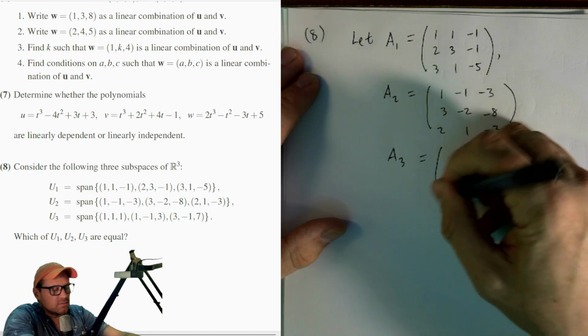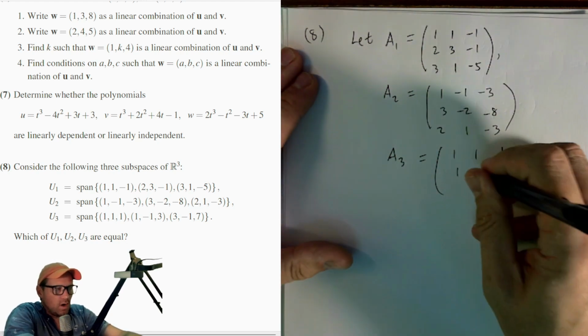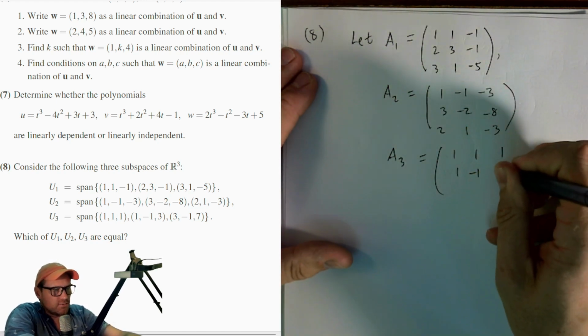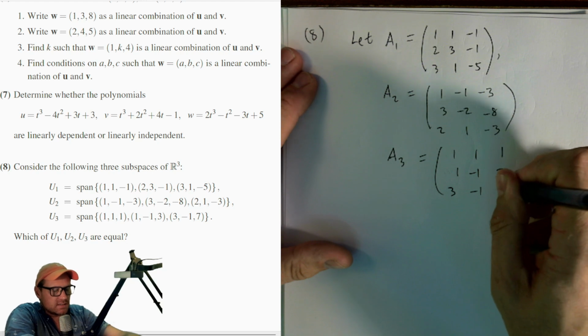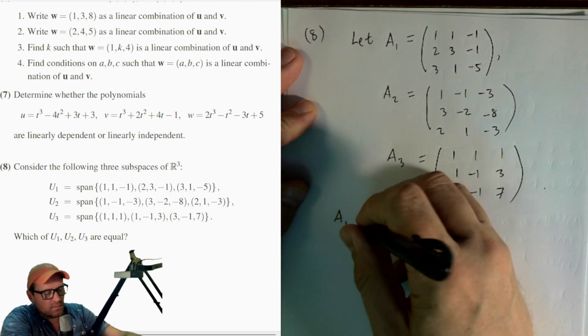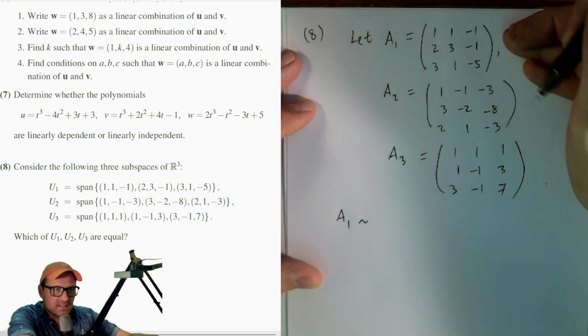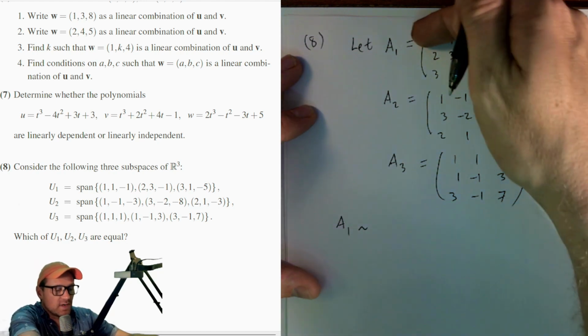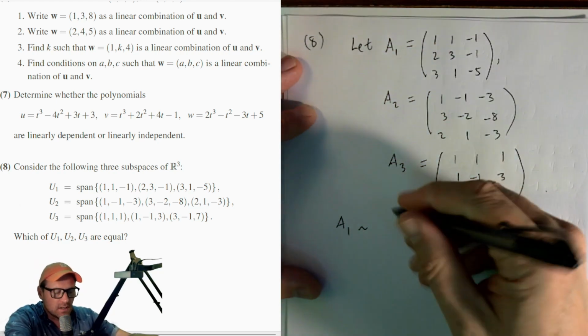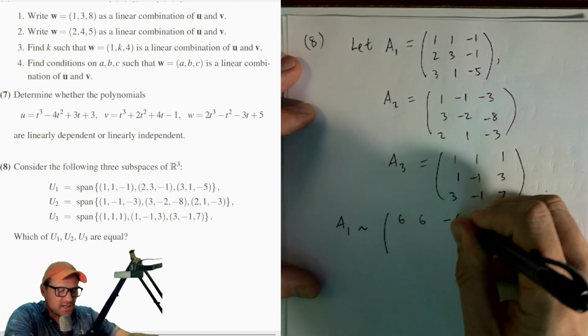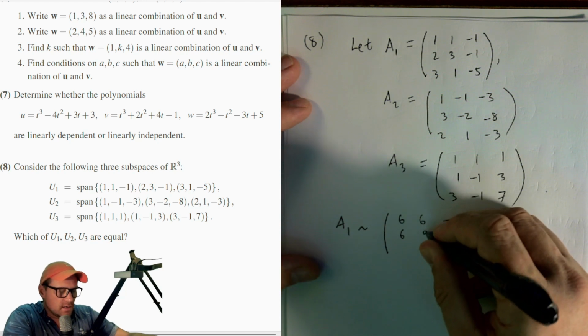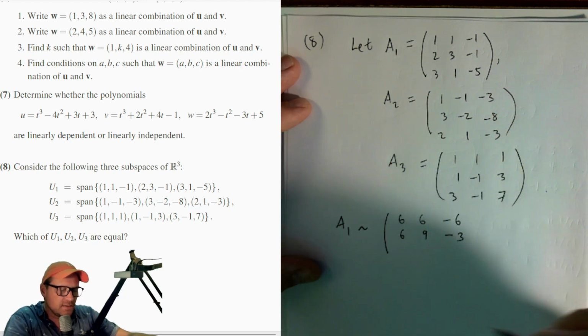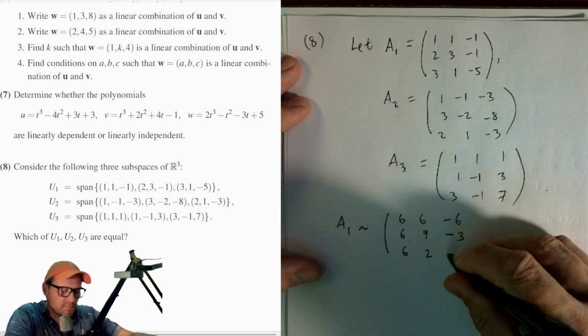A3 equal to 1, 1, 1, 1, minus 1, 3, 3, minus 1, 7. Okay, now A1, row reducing this, let's multiply so that we have 6 in the first column. So 6, 6, minus 6, then 6, 9, minus 3, then 6, 2, minus 10.